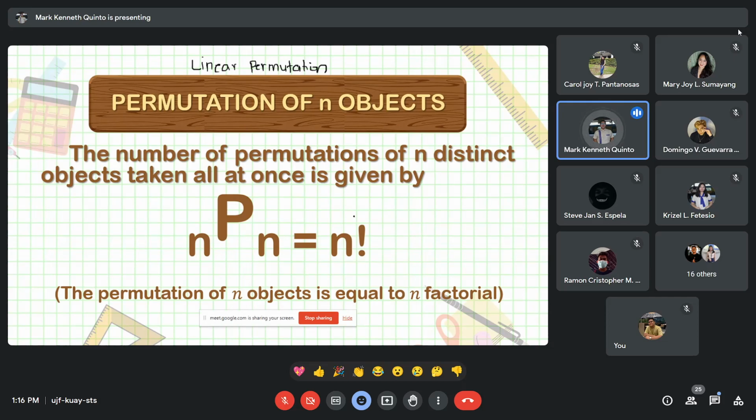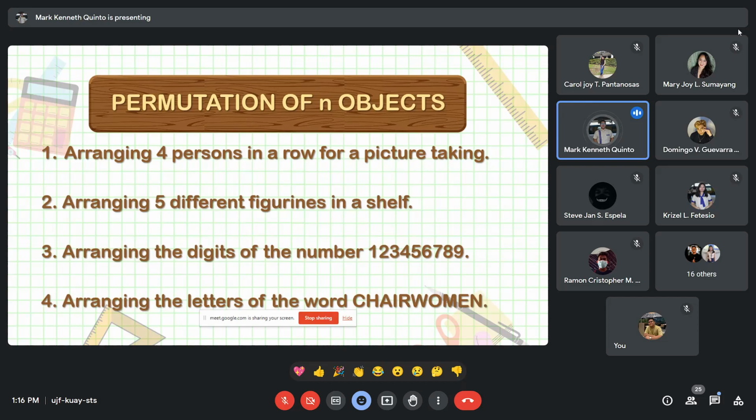As far as I remember, you still remember that n factorial was explained by Mr. Espela earlier. We just have to expand it. I have here an example for the permutation of n objects, or linear permutation. For number one, let's say we are arranging four persons in a row for a picture taking.